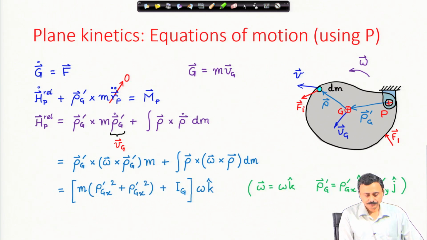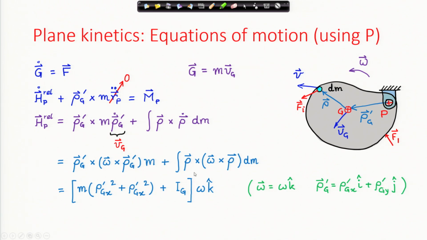and using these expressions and considering that we are dealing with planar kinetics, I express the position vector of the center of mass in the Cartesian coordinates, and if I plug in all these expressions in here, I will get from the first term mass times rho g x prime square plus rho g y prime square.